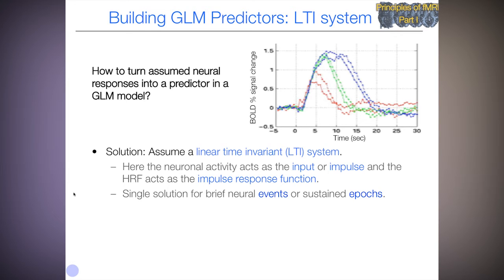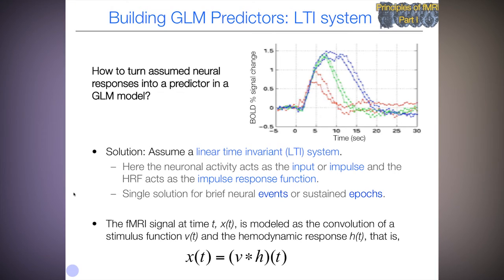And the solution is to assume a linear time invariant system. So here, a brief burst of neuronal activity acts as the input or impulse, and the HRF, the assumed HRF, acts as an impulse response function. And this gives us a single solution for how to create regressors from brief neural events or sustained epochs of activity, or a combination of both.